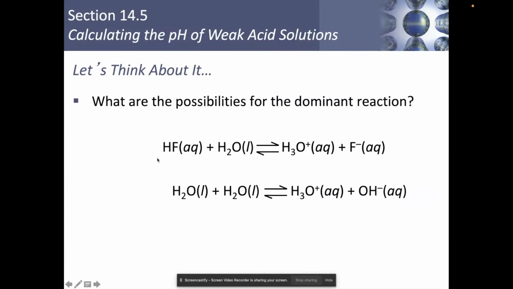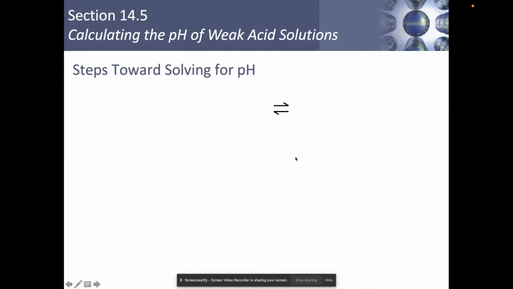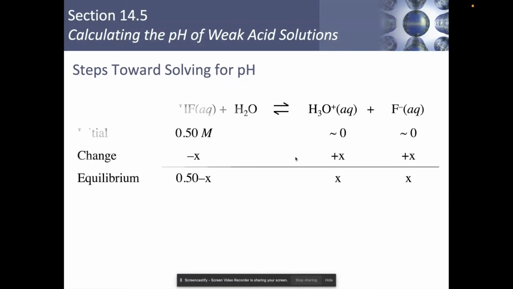The balanced equation can be hydrofluoric acid manufacturing a fluoride ion and hydronium ion, or we could be looking at water reacting with itself, self-ionizing. Obviously, this is our winner, because we have a Ka value that is way different than 1 times 10 to the negative 14.